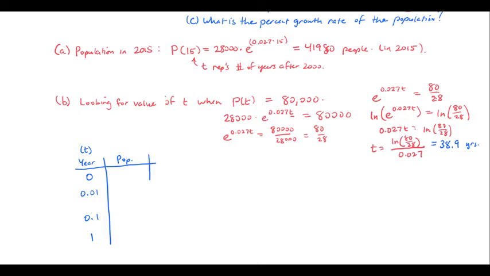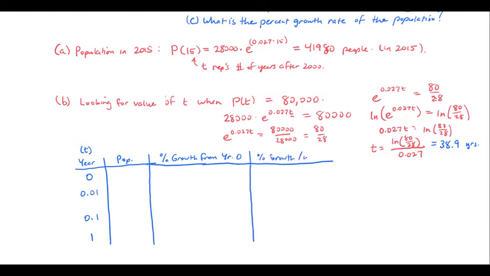Okay, and then population I'm going to put here. And then I want to keep track of what was the percentage growth from year 0. Okay? And then finally, I'm going to keep track of what was the percent growth per year. Okay, this is kind of a complicated table here.